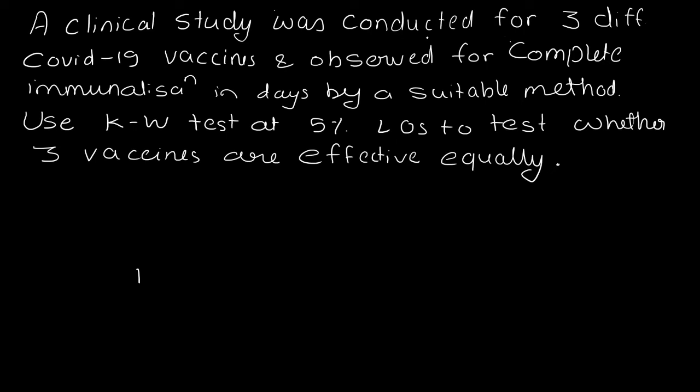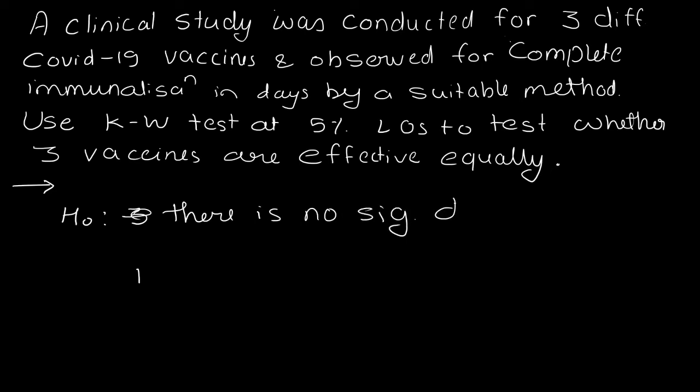A clinical study was conducted for three different COVID-19 vaccines and observed for complete immunization in days by a suitable method. Use the KW test, or Kruskal-Wallis test, at 5% level of significance to test whether the three vaccines are equally effective. So my H naught is that there is no significant difference between the three vaccines.